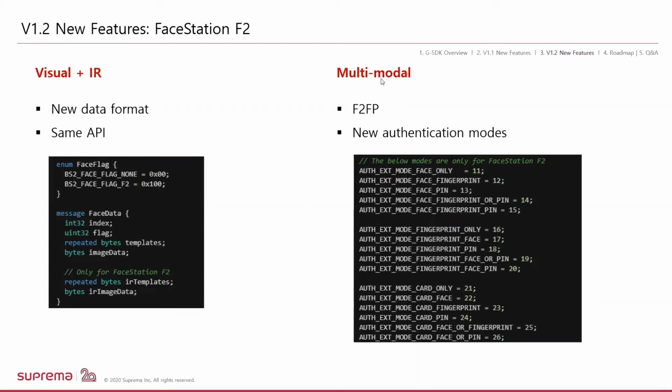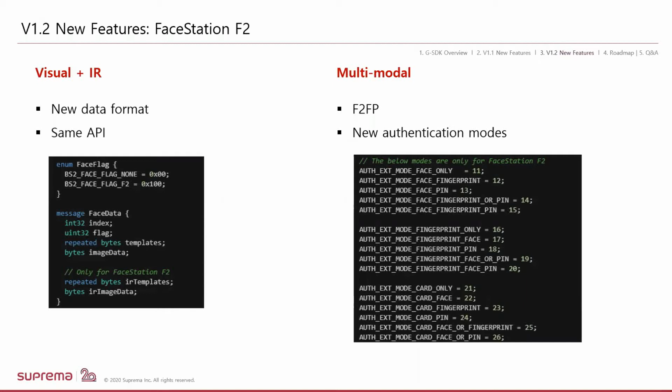Another difference is that some F2 models also provide fingerprint sensors. And since it provides multimodal functions, there should be some additional authentication modes. For example, this face plus fingerprint mode means that users have to authenticate their fingerprint after their face.